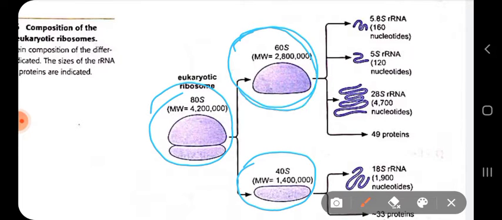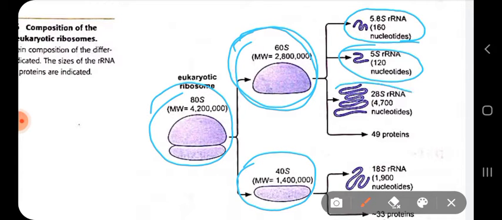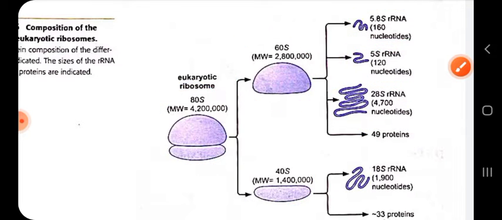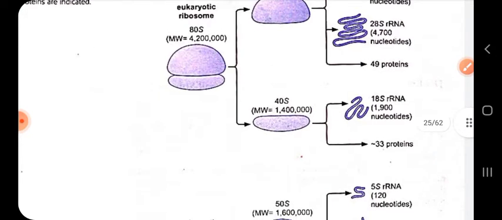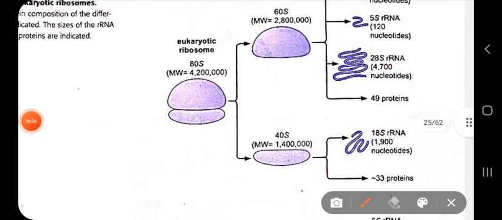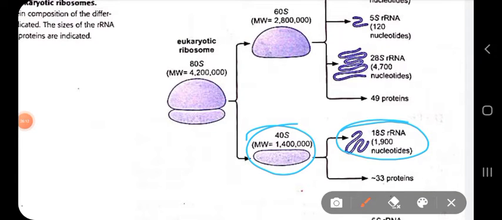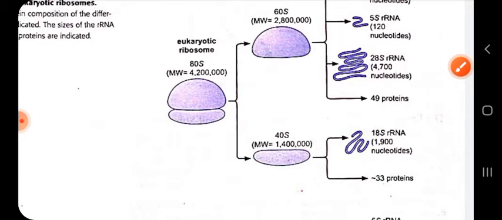The large ribosomal subunit is made up of 5.8S rRNA, 5S rRNA, and 28S rRNA, which perform the same function of peptide bond formation, and 49 different types of ribosomal proteins. Whereas the small ribosomal subunit, 40S, is made up of 18S rRNA and 33 different types of ribosomal proteins.